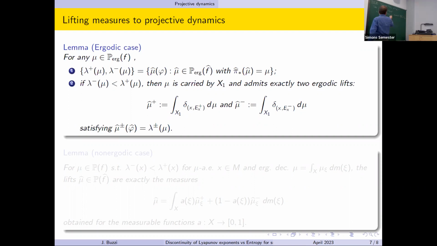Therefore, let me introduce it well. This mu hat plus, which is a lift of mu on the graph of this equivariant function, is invariant. Since it's a lift on a graph, it's automatically ergodic.